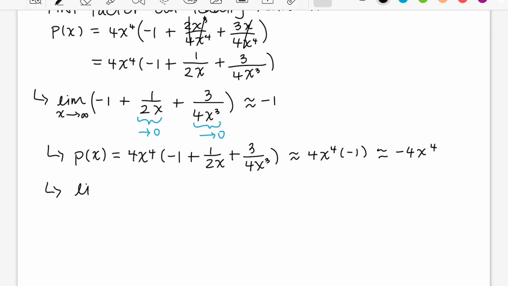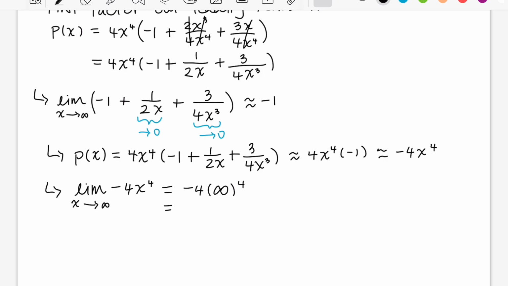So this tells us that if we were to take the limit of negative 4x to the power 4 as x goes to infinity, what we're going to do is plug in infinity for our x, just so we can see what's happening. And so we're saying negative 4 times infinity to the power 4. Well, we're just taking infinity times infinity times infinity times infinity.